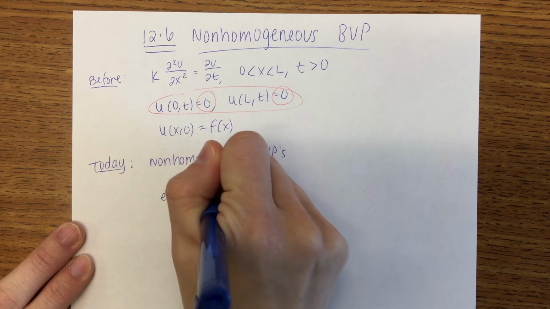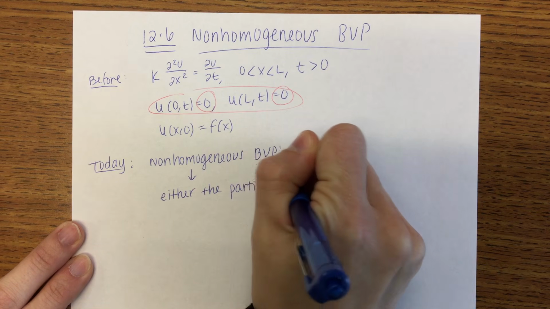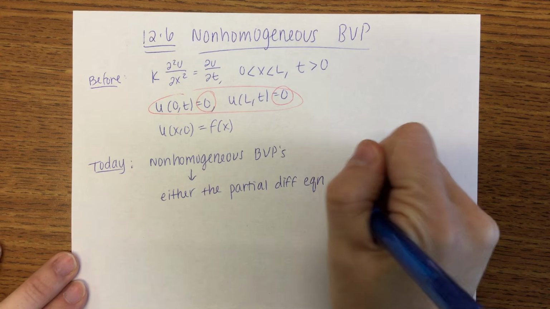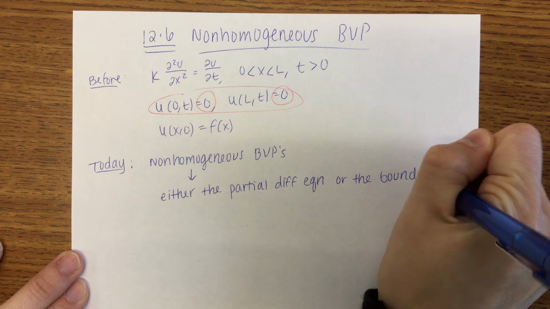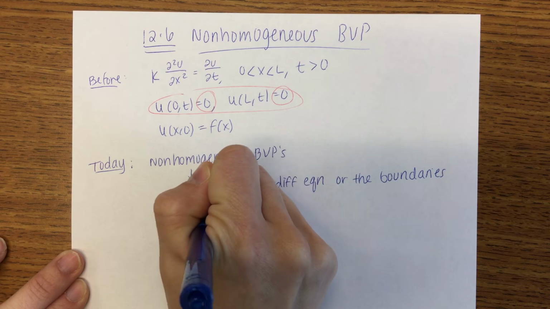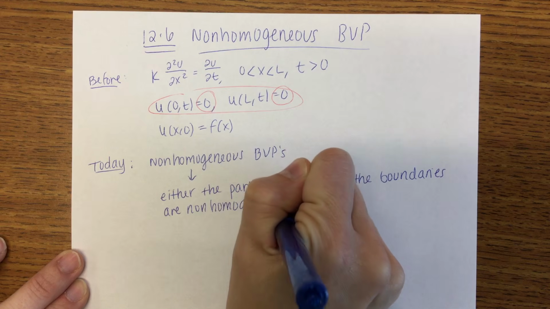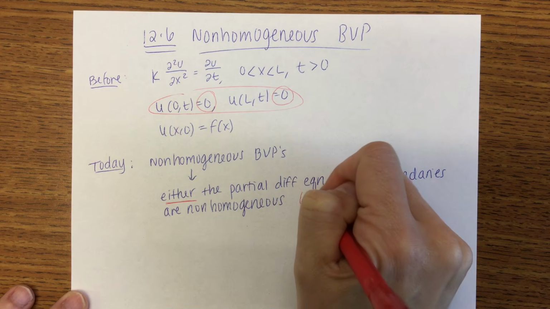Either the partial differential equation or the boundaries are non-homogeneous. So it could be the partial differential equation, could be the boundaries, could be both.